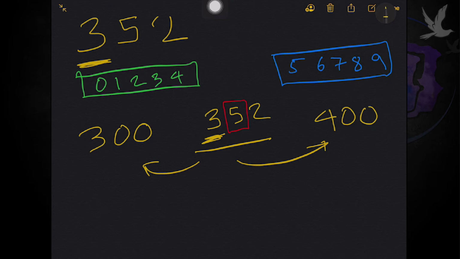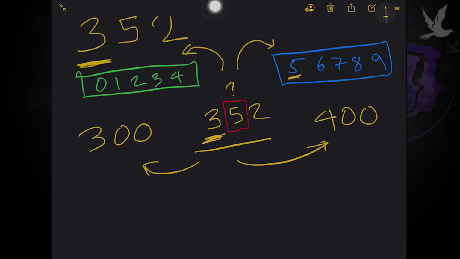Now I'm going to ask you, where is 5 among the two groups of friends? Is 5 here or there? Obviously, you can see that 5 belongs to this group over here.